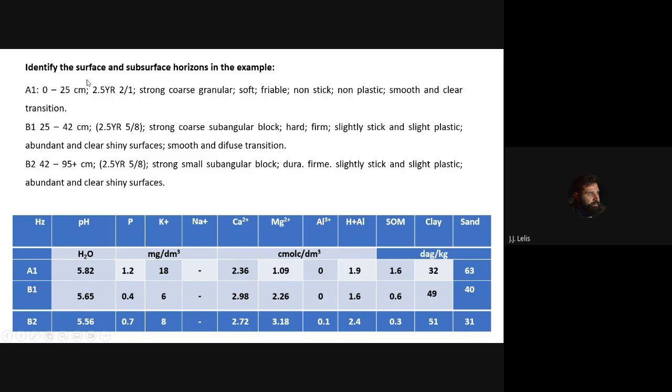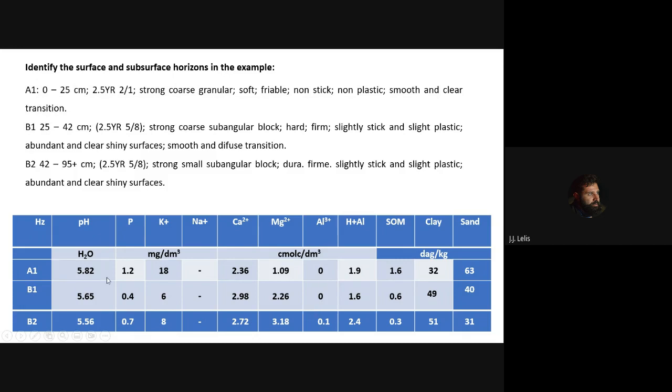Okay, so let's check the physical chemical soil properties of this first horizon, the surface horizon. In this case, we possess moderately acidic pH. It's not too acid. The aluminum content is equal to 0 because we possess a pH that's higher than 5.6. So we have a low aluminum content or equal to 0 in all the horizons.